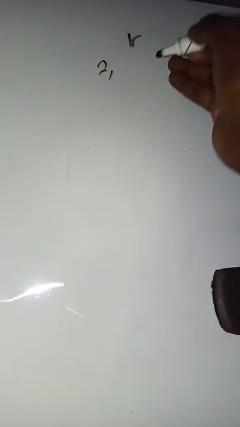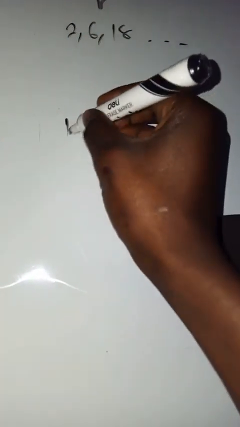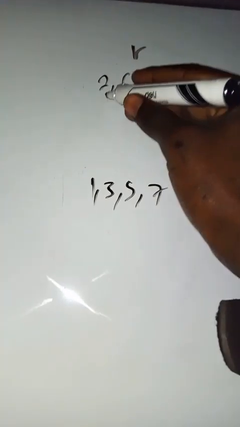If you have 2, and then you have 6, you have 18, and again you have 1, 3, 5, 7. I want you to check the difference between these two. So for me to get from 2 to 6, what have I done?